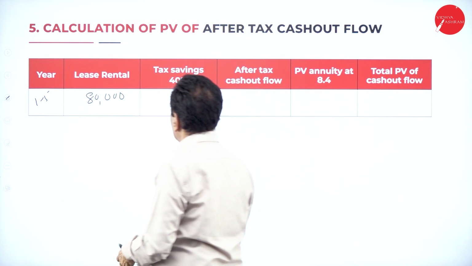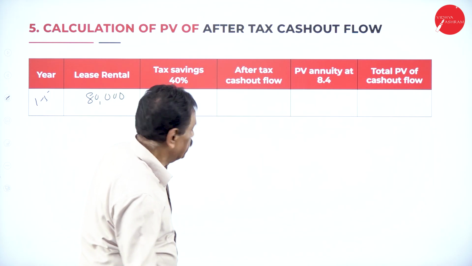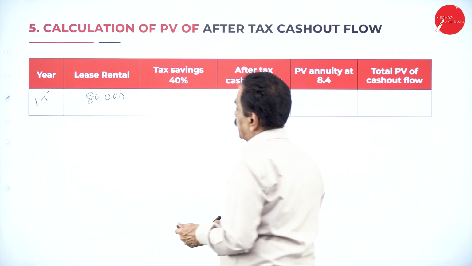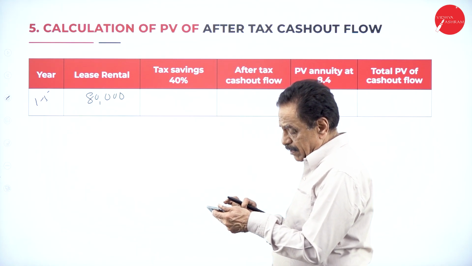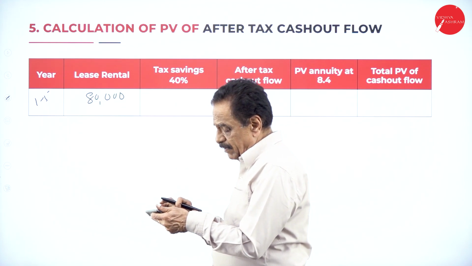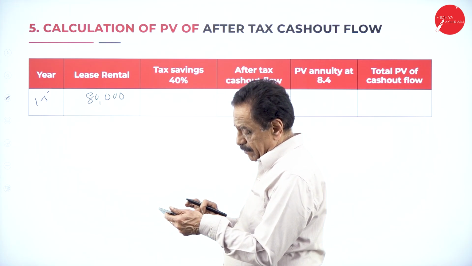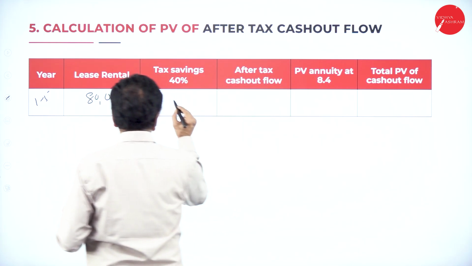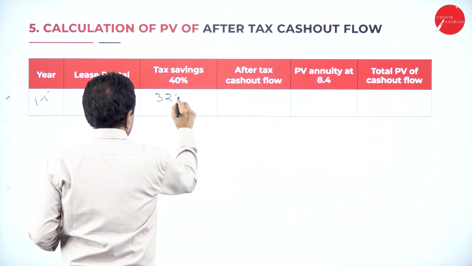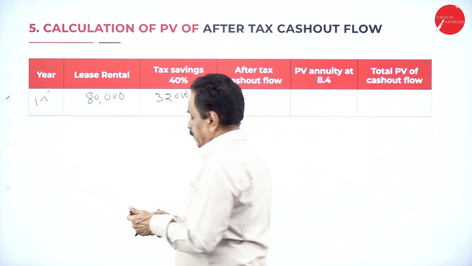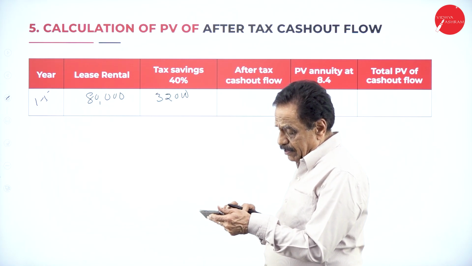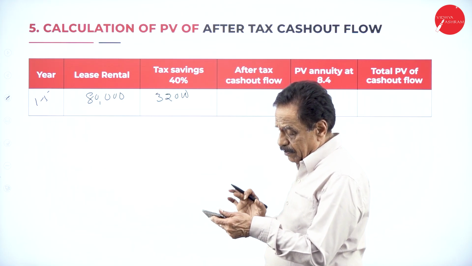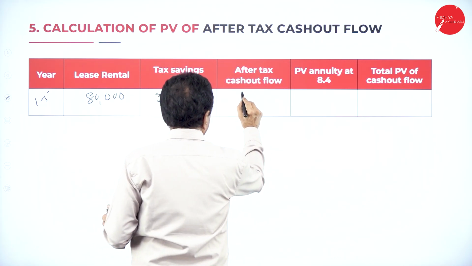Tax saving is 40% of this 80,000, into 40 divided by 100, 32,000. What is left over? 80,000 minus 32,000, 48,000.